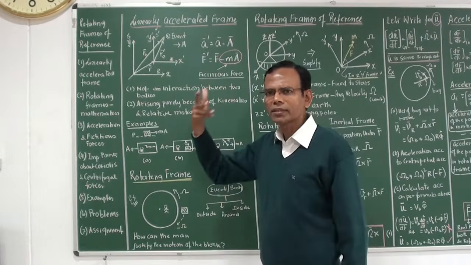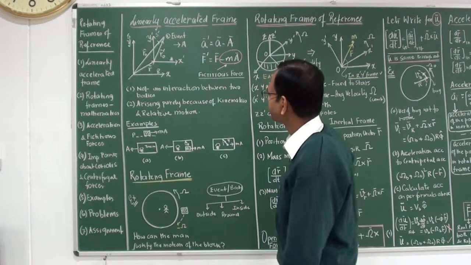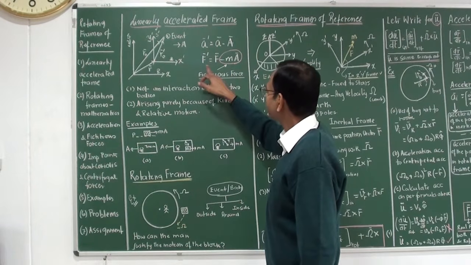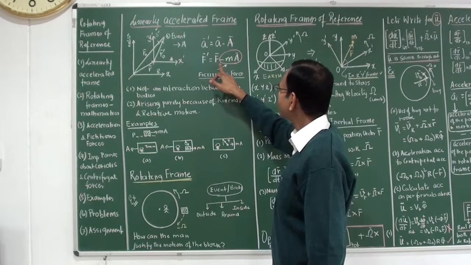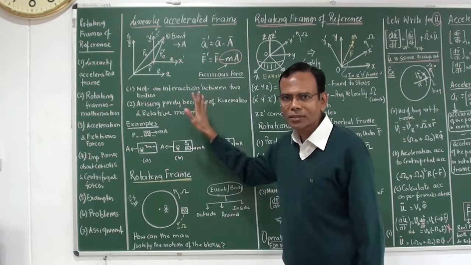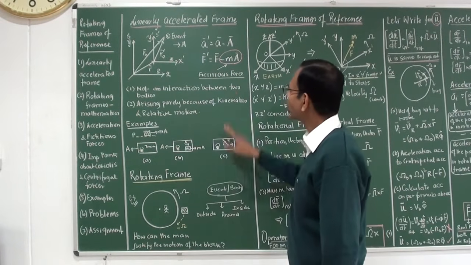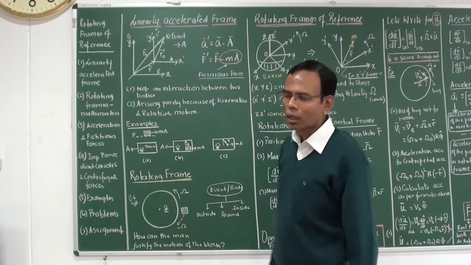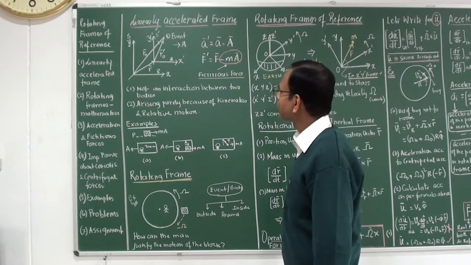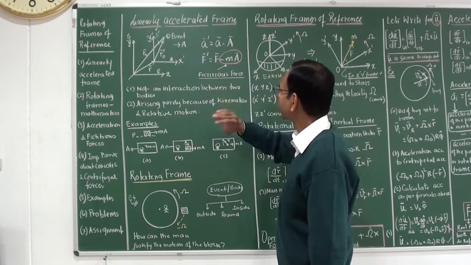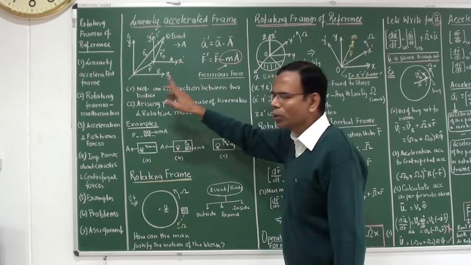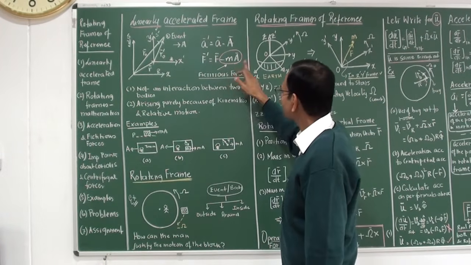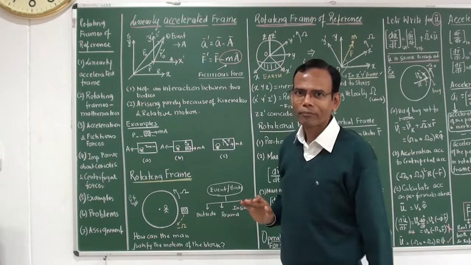So we know things from the S frame, we want to know the observation in the S prime frame. Event actually is independent of any reference frame. So a prime is equal to a minus A, it's perfectly fine. F prime is equal to F minus mA. This is a very interesting result that we got. F prime, that means the force observed in the primed frame, is not equal to F observed in the inertial frame, but there is a term minus mA.